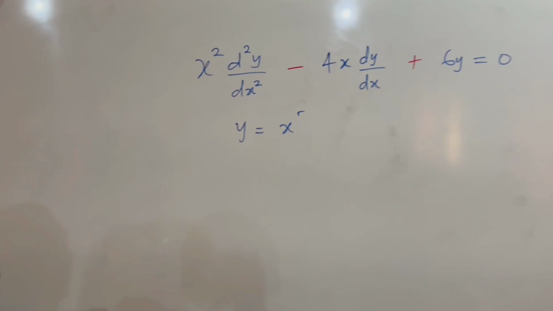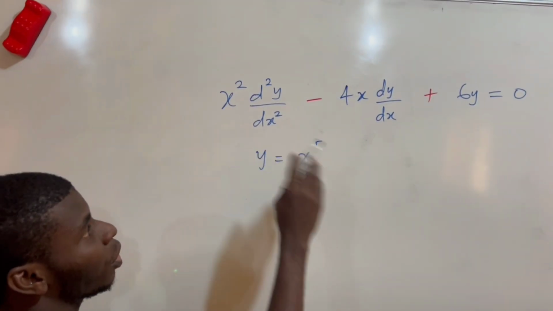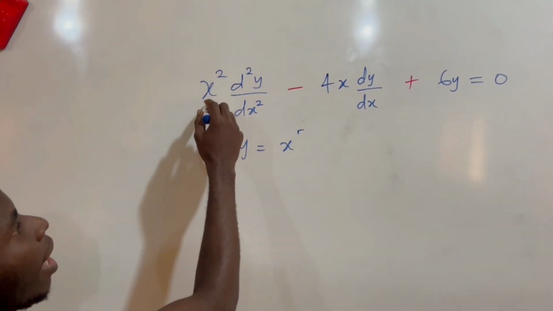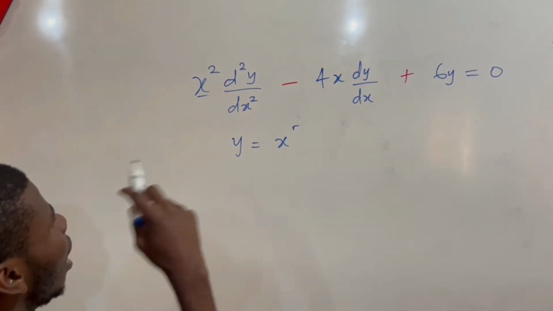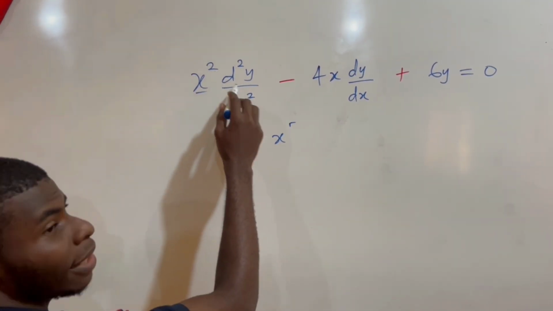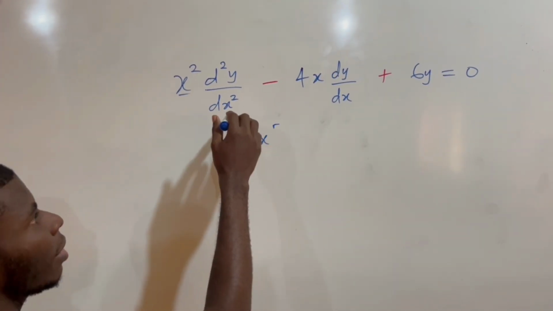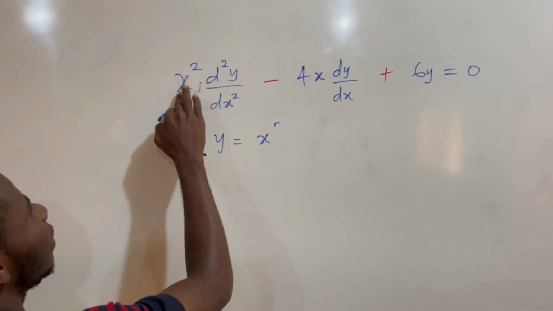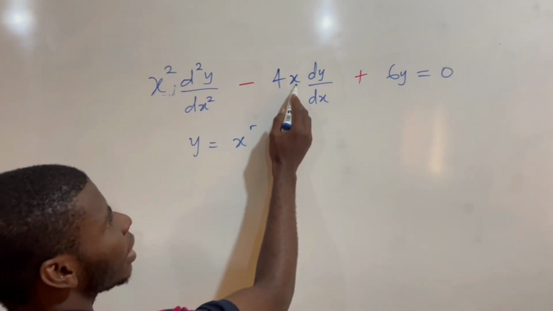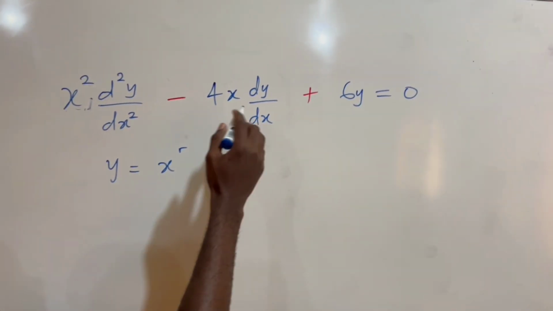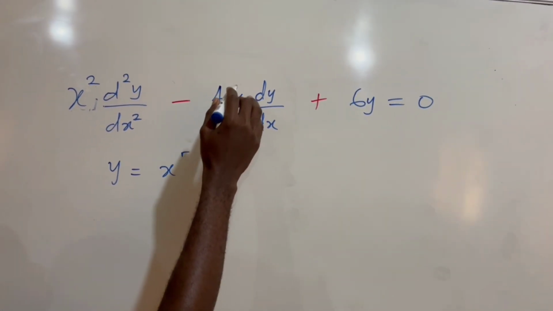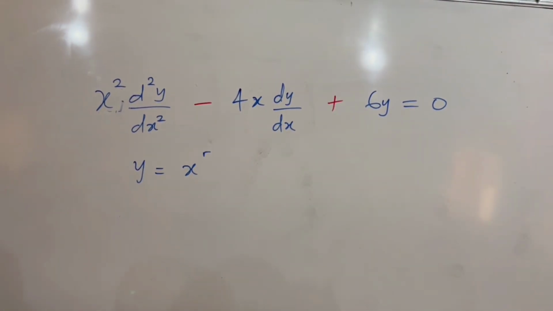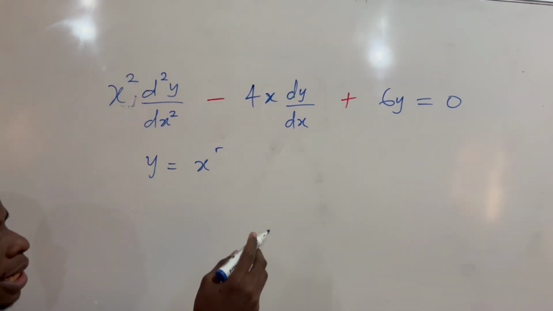It's because if you observe this equation well, you notice that we have x squared over here, and we have the second derivative with respect to x multiplying it, right? We have the first derivative multiplying x, with the same powers. The derivative order and the powers are both the same.